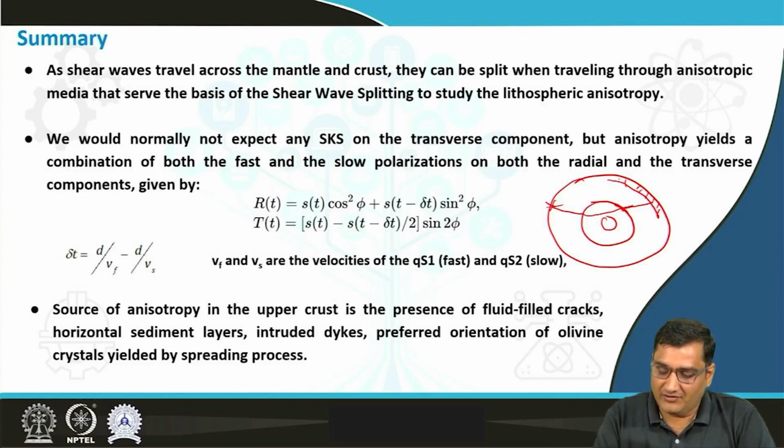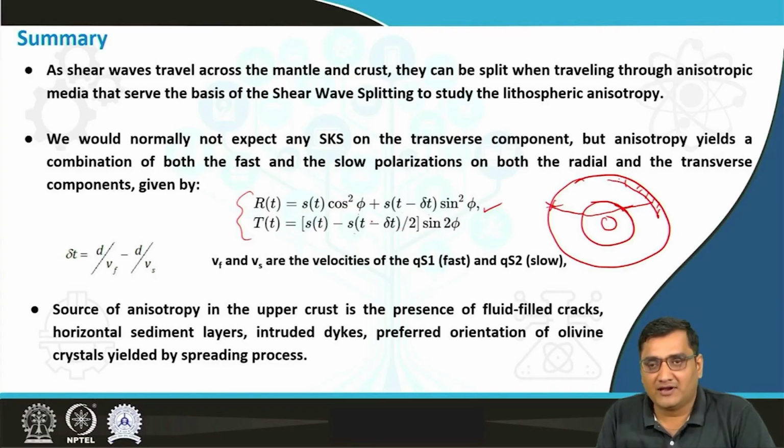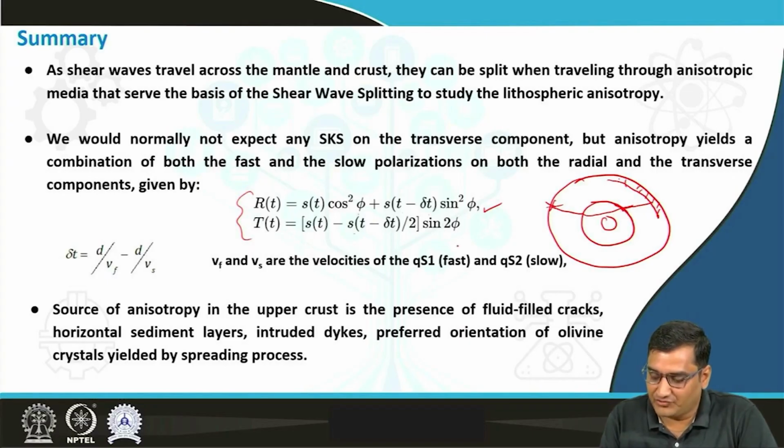We would normally not expect any SKS on the transverse component, but anisotropy yields a combination of both the fast and the slow polarizations on both radial and transverse components, given by RT equals ST cos square phi plus ST minus delta T sin square phi, and TT equals ST minus delta T, where delta T is the splitting time, or the delay time between the S1 and S2 waves, multiplied by sine 2 phi.